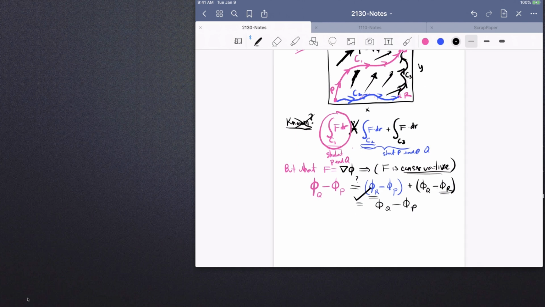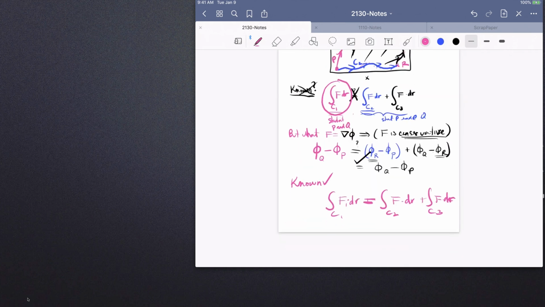So one thing we can say is that it is known that the integral along the curve C1 is equal to the integral along the path C2, f dotted with dr, plus the integral of f dotted with dr along C3.